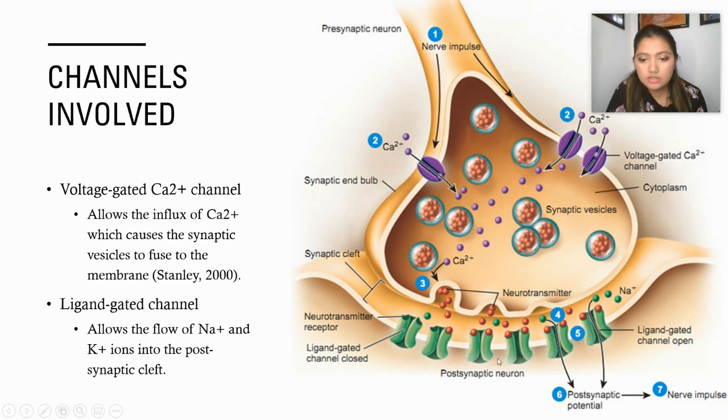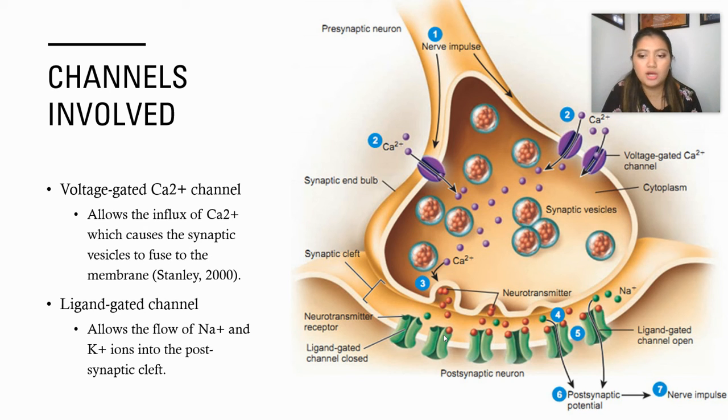So as you can see down here, these orange little balls are interacting with the receptors on the other side. Since it is a ligand gated channel, when that interacts, it opens and allows the sodium ions to go inside, which ultimately gives us a nerve response.